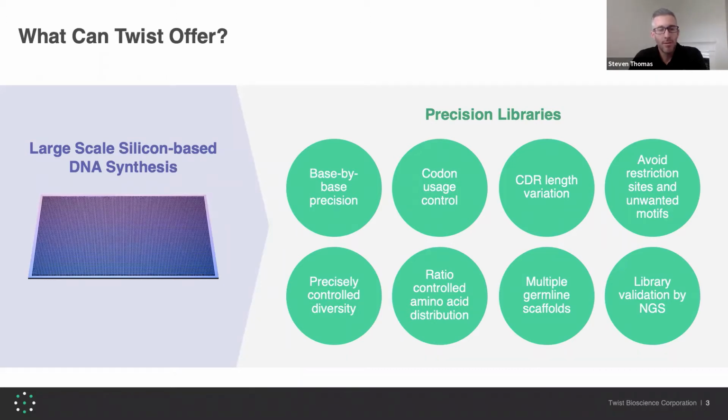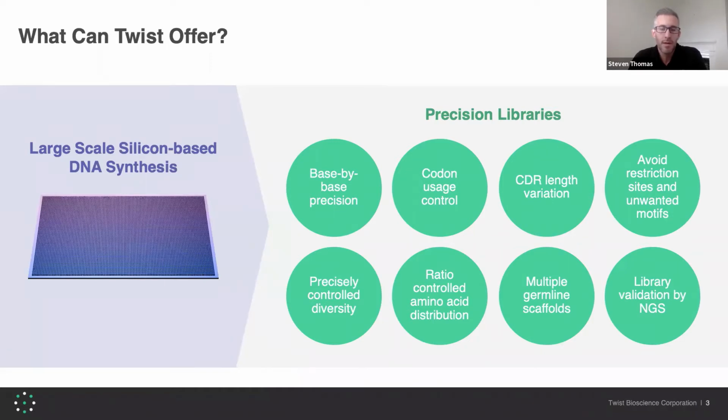These oligos don't need to be the same length, so we can incorporate length variation, which I'm sure is probably obvious to this audience, has its use in antibody libraries, where you oftentimes do see significant length variation in a repertoire that you're trying to mimic in your synthetic library. We can avoid sites at both the restriction enzyme, at the DNA sequence level and the amino acid level.